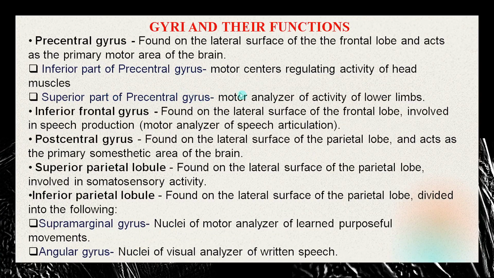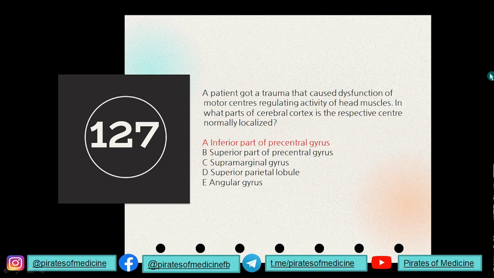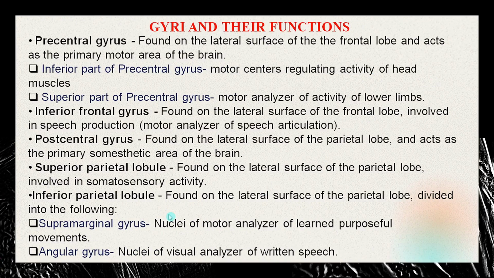Superior part, motor analyzer for activity of lower limbs. And then in option C, we have the supramarginal gyrus, which is the nucleus of the motor analyzer of learned purposeful movements.